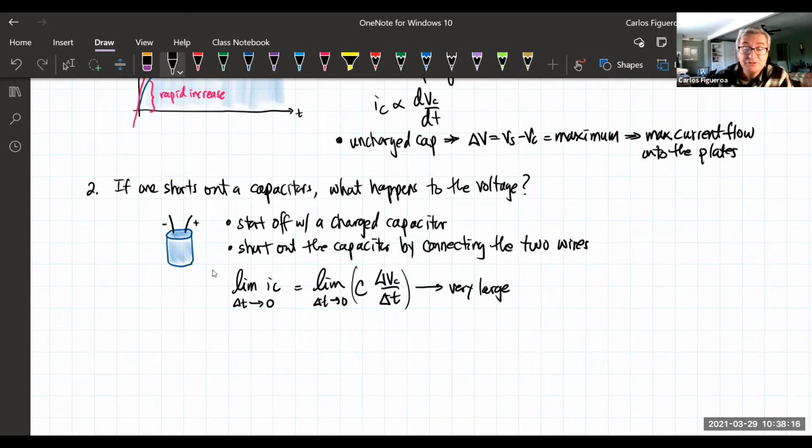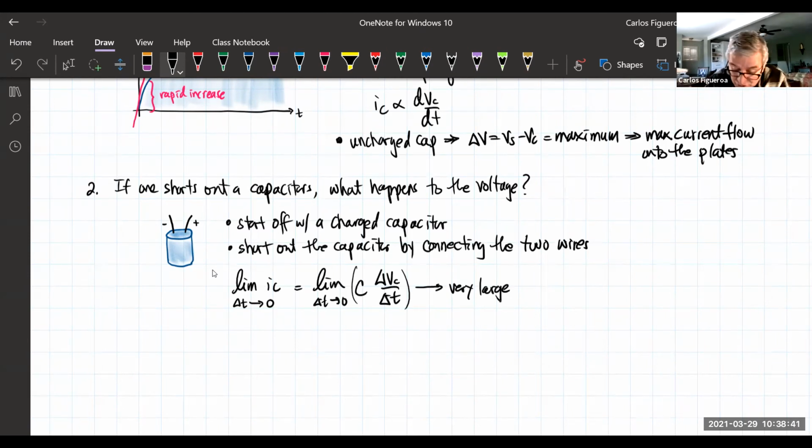You have a little tiny gap, and if you close a switch, you think of your car battery putting out 12 volts, but you could get thousands of volts across a spark plug because of this. And you're getting this really large current.